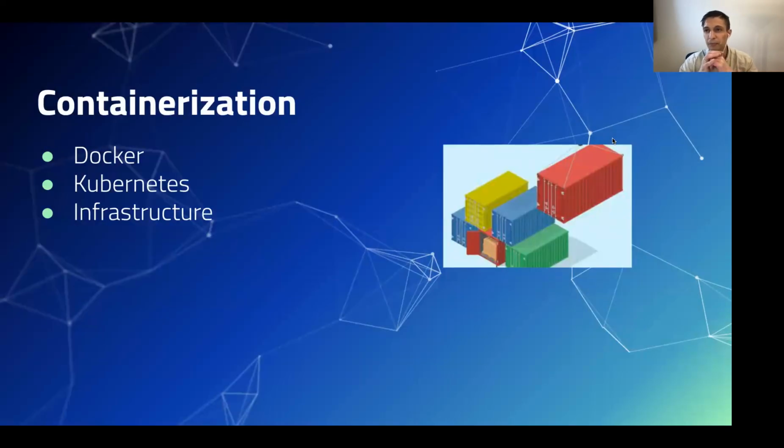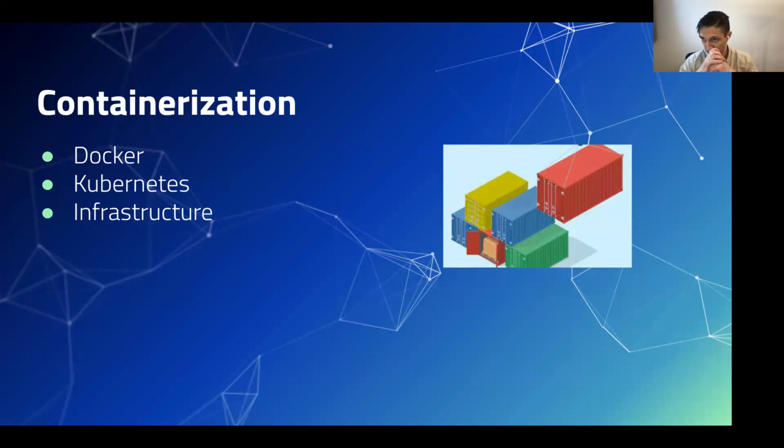Another thing is how the services should be rolled out to production, and most probably you're going to use containerization. What does it mean? It means that each service will run in a Docker container. A Docker container is a lightweight version of virtualization, and if you have 1,000 Docker containers, you need to orchestrate them somehow, and for that you're going to use Kubernetes, which allows you to roll out microservices with one command.